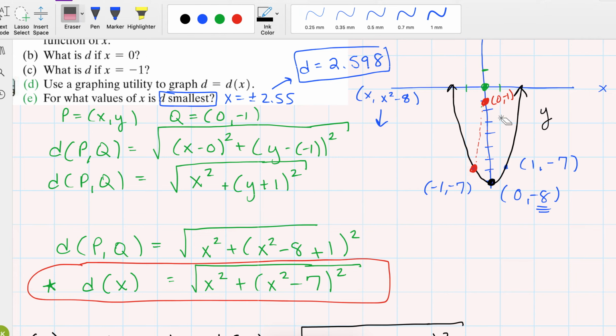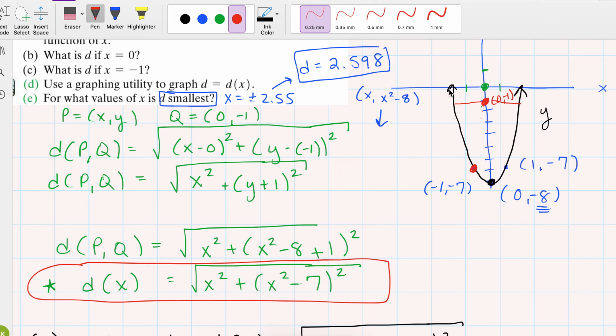Now this graph, oops, I want to erase this piece here. So we have this point, and what we're doing is we're measuring the distance from that point to any point on the graph. So 2 is somewhere around here, and I would think that the shortest line I could make from this point to this graph would be somewhere around here, right?